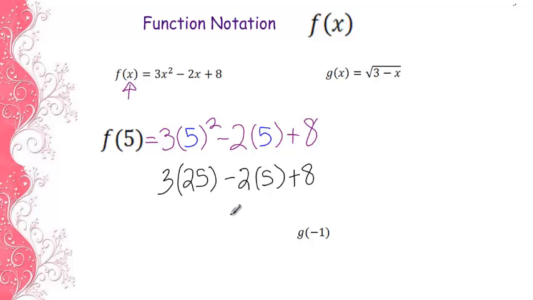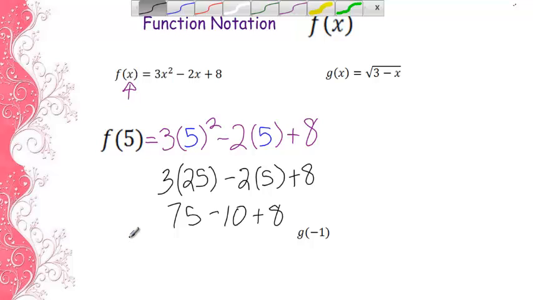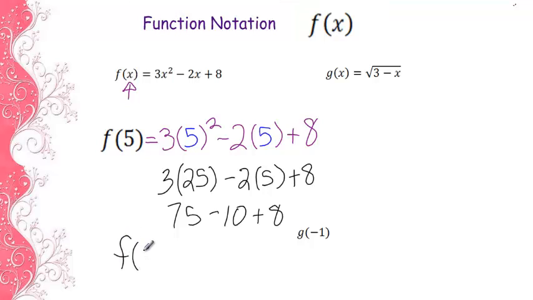The next thing on our list is to multiply. So we'll have 75 minus 10 plus an 8. Now all we have to do is add these numbers. So f evaluated at 5, or f of 5, is 73.